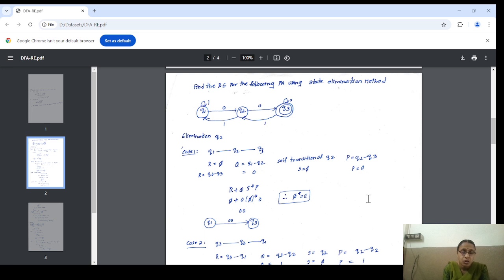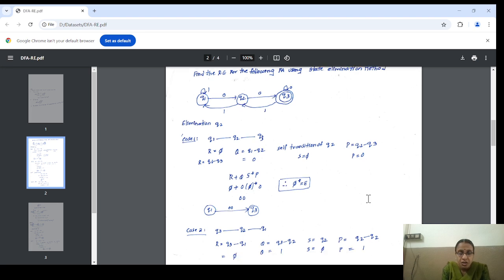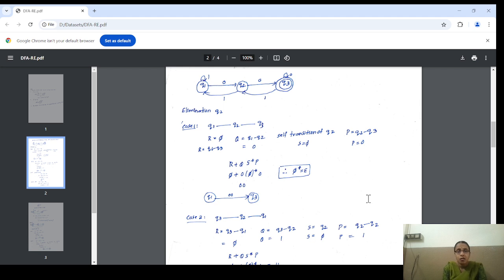Next, we are taking case 2. Case 2 means we are taking Q3 to Q1. For Q3 to Q1, we are taking the intermediate Q2. R means Q3 to Q1. There is no direct path from Q3 to Q1, so the value is phi. And Q means Q3 to Q2, the value is 1. And S means the self-loop of Q2.